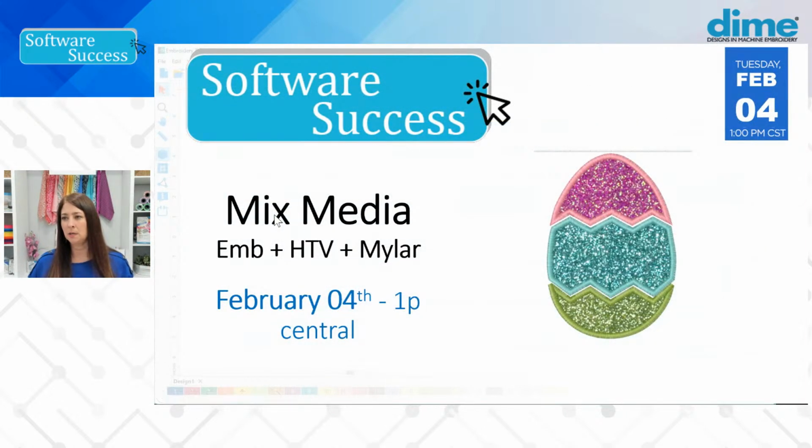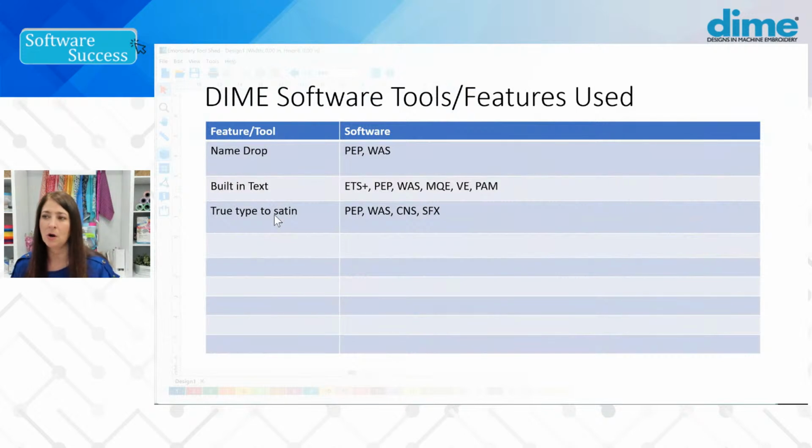These programs here have the option to convert your TrueType to satin text, which is what we use. And so the satin text object option for your TrueType font is another way to have an extremely long list of text options. PEP, WordArt and Stitches, Cut and Stitch, and SFX Special Effects have that option as well.